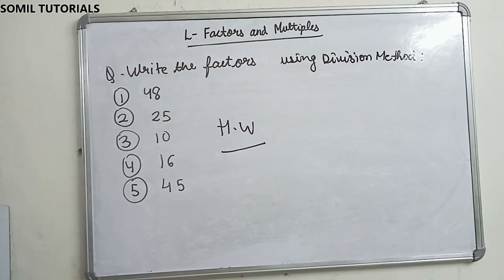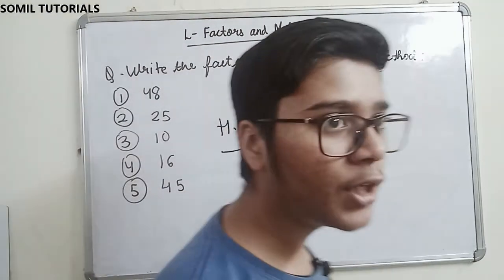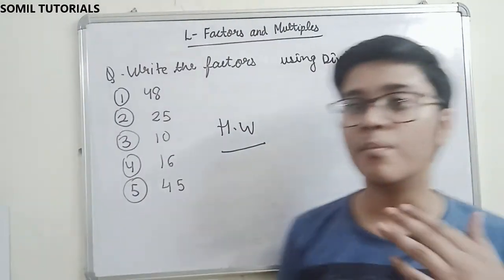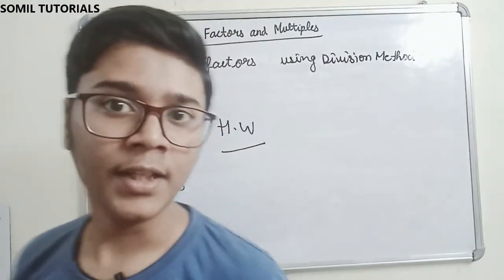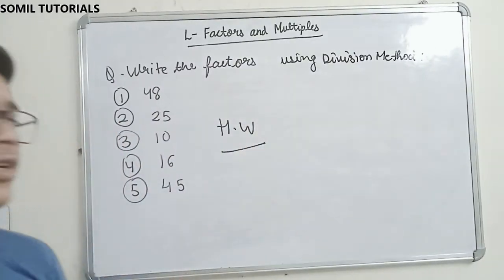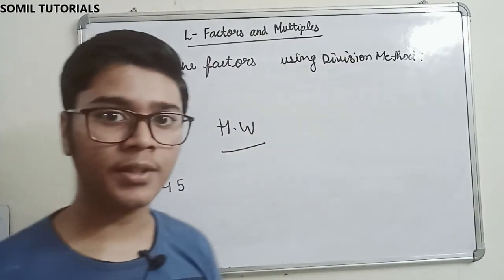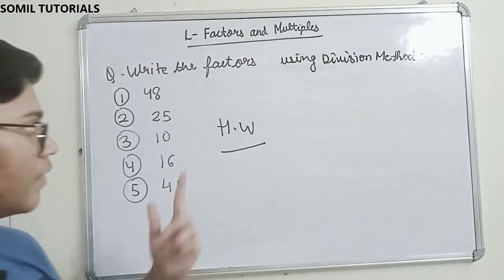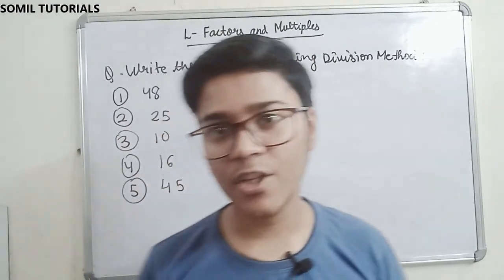In the second part of this video we will be studying how to calculate factors using the multiplication method. In this video we have studied what factors are and we have calculated factors using the division method. So in the second video we will be doing the multiplication method.